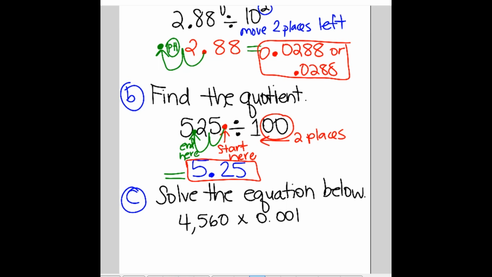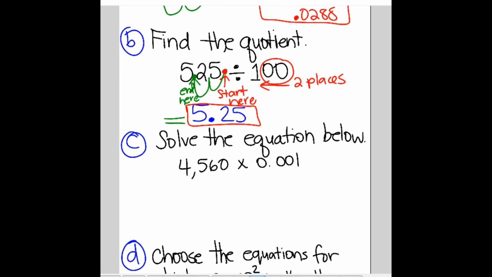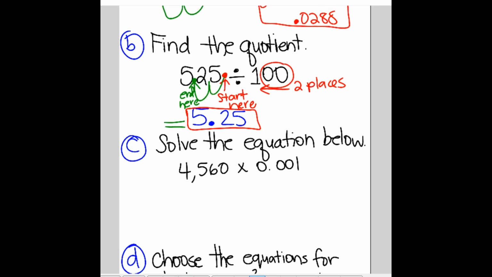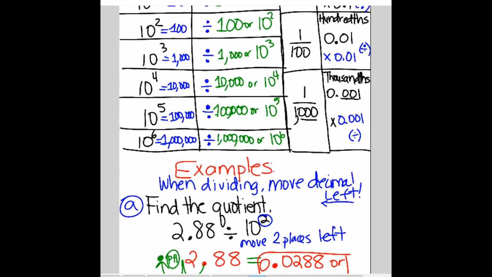All right, next example is solve the equation below. We have 4,560 times 1,000ths. So remember what we did earlier? If we are multiplying by 1,000th, that means that we're going to divide.